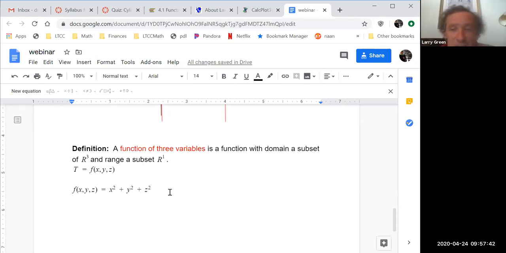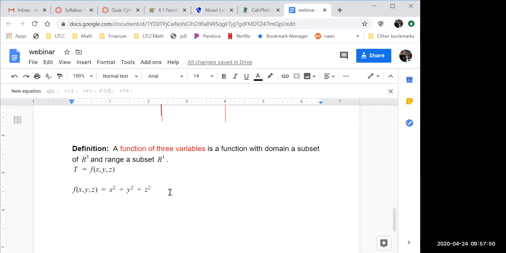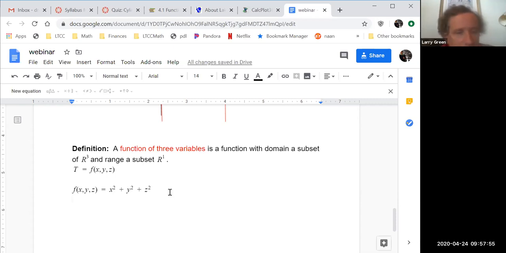Okay, here's what you don't want to do. You don't want to draw 4 coordinates like X, Y, Z, and capital T. You definitely don't want to do that. There's no good way of doing it. You can't make it pretty. It's just not going to work. So there are really 2 choices.